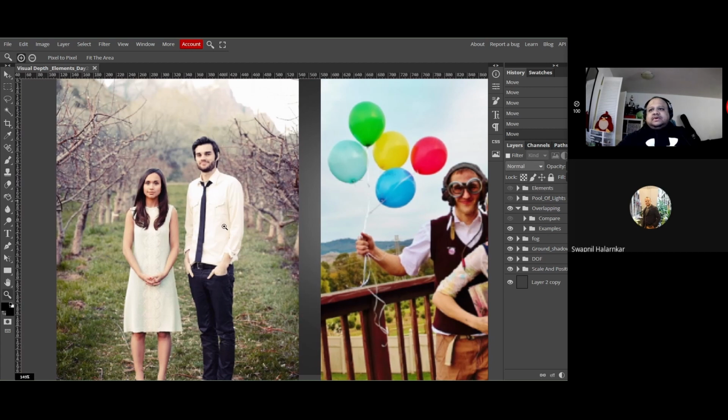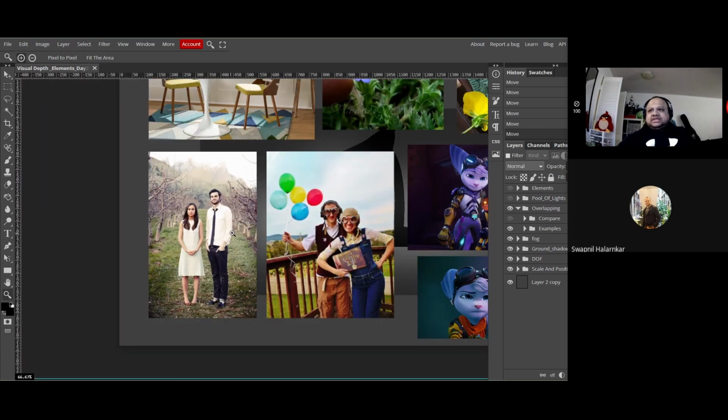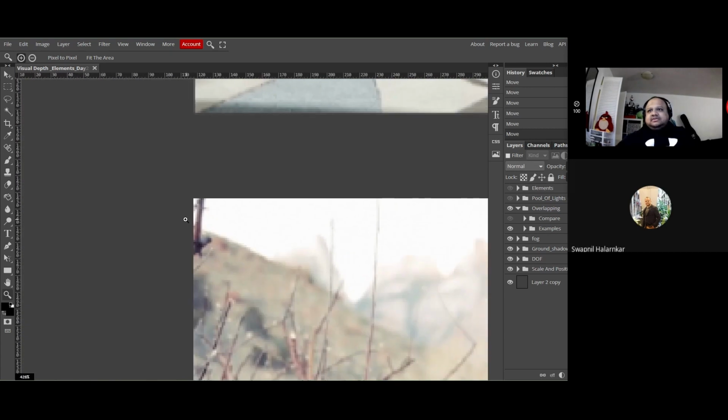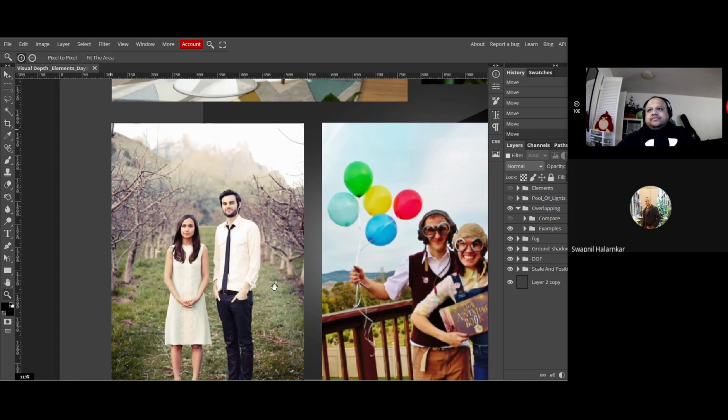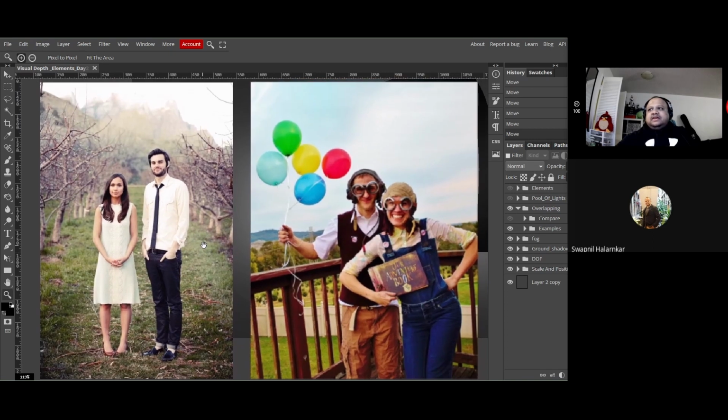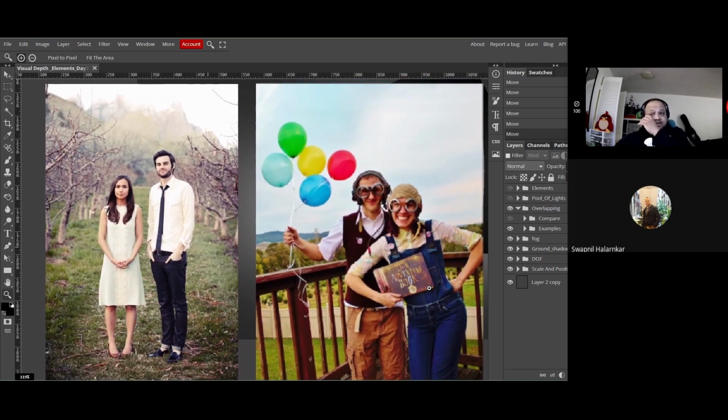So we have two examples here. These are two couples over here. One couple has distance between them, and you cannot actually resolve too much who is in front and who is behind unless you see the ground.